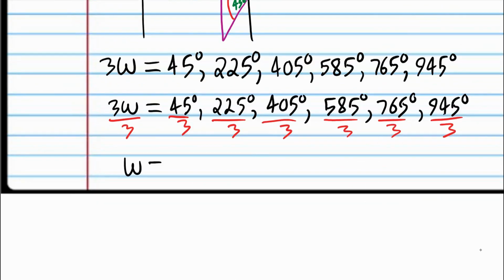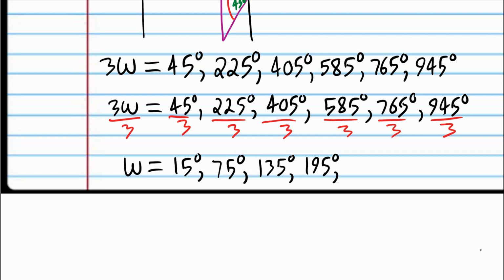So we get 15 degrees, and 225 divided by 3 is 75 degrees, and 405 divided by 3 is 135 degrees. 585 divided by 3 is 195.